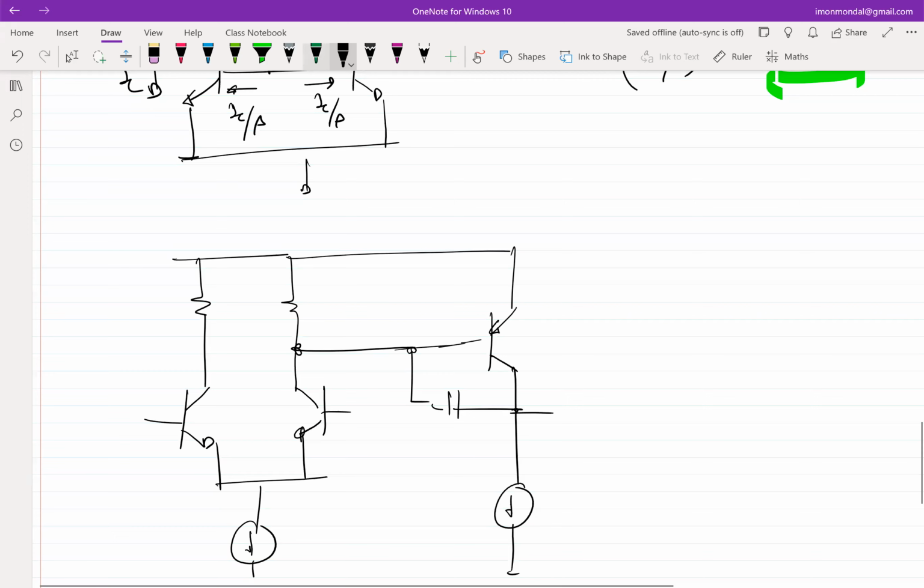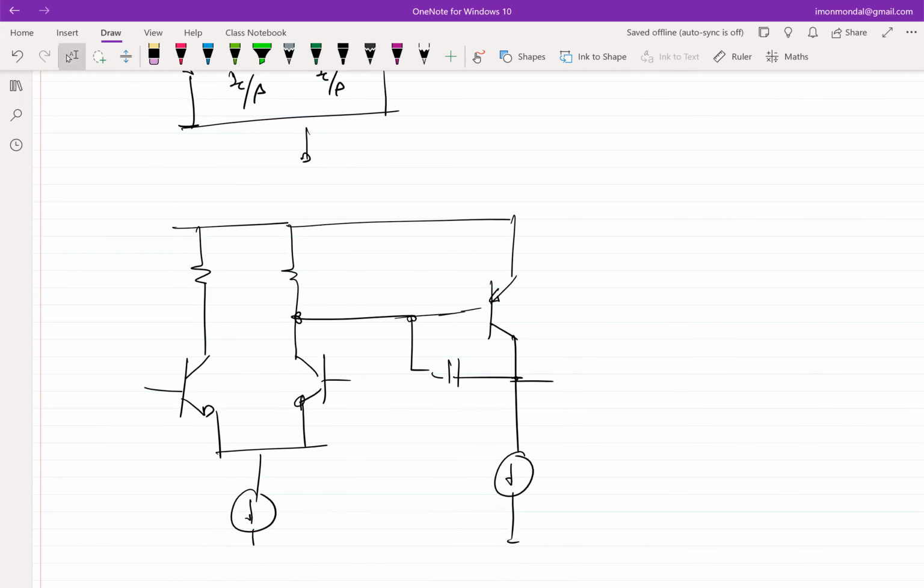But one quirk about a BJT is that PNPs are not as good as NPNs, in that their current gain beta is pretty low. So wherever you want to get a gain, people tend to say that we'll not use PNP, we'll use NPN wherever possible. Okay, so this is PNP.